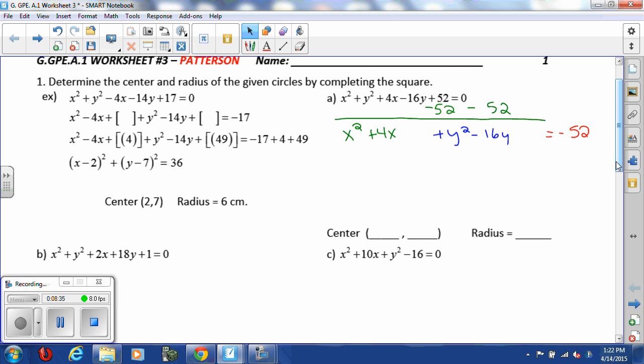Question? Okay, now we have to find our b. So for the x's, what's the b? 4. So 4 divided by 2, 2 squared, 4. I'm going to add that to the x's. I'm going to add it to the other side.